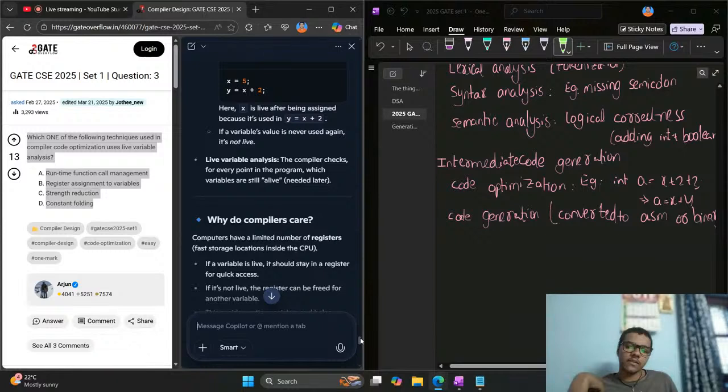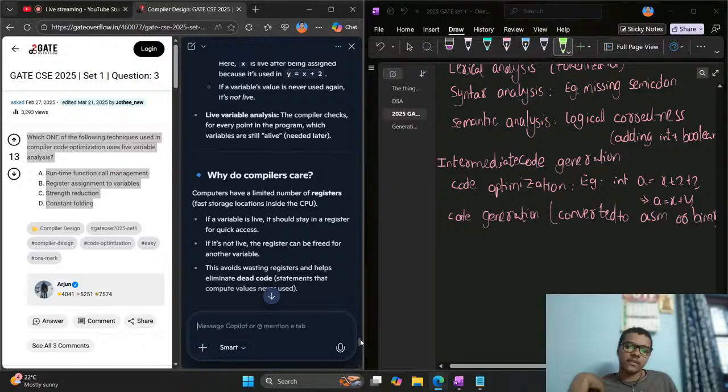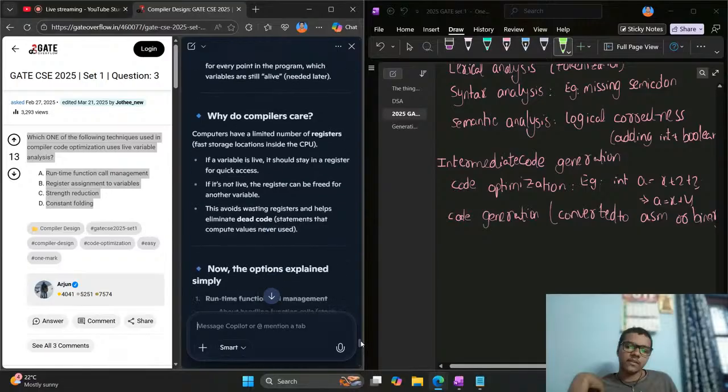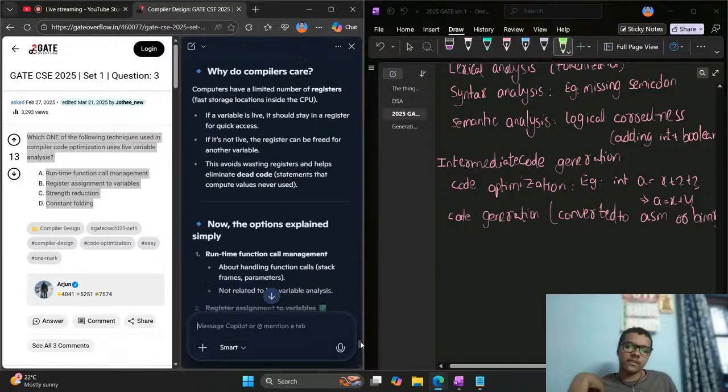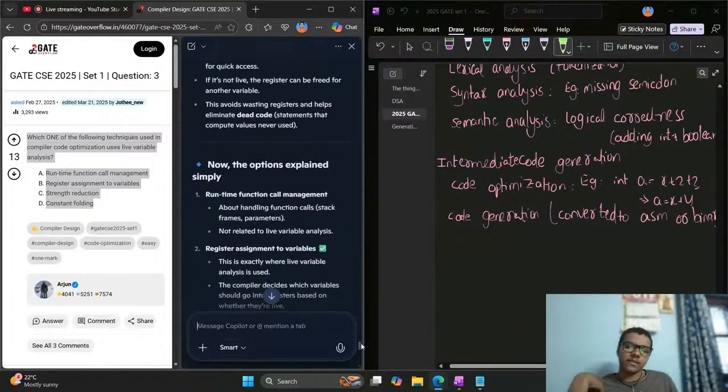Why do compilers care? Computers have a limited number of registers. If a variable is live, it should stay in the register. If it is not live, the register can be freed. That's good. Now the options are explained.